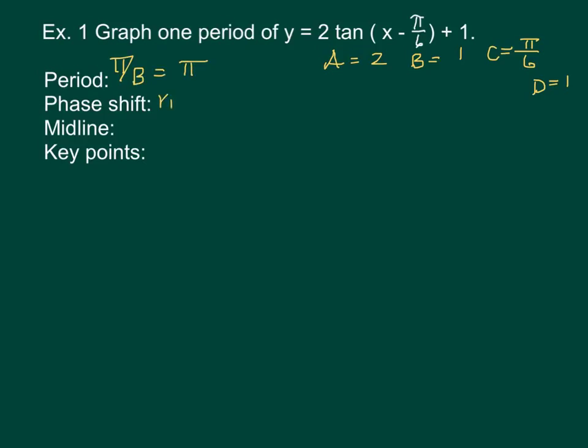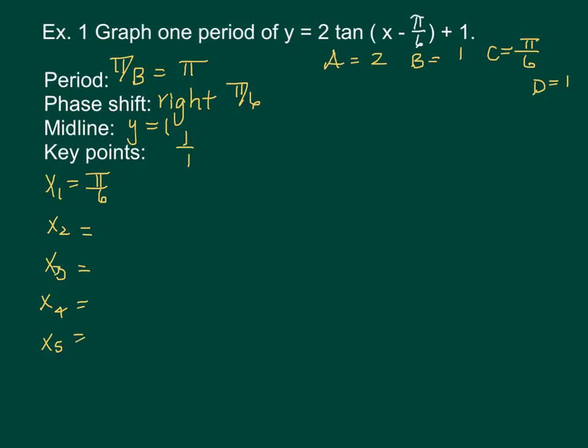Phase shift, we're moving right, pi over 6. Midline is y equals 1. So you remember your first x starts at your phase shift. And to get your other x values, you're going to take 1/4 times your period, which is pi over 4 is what we're adding each time.